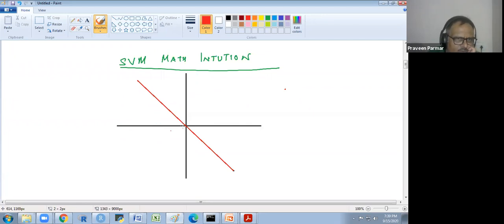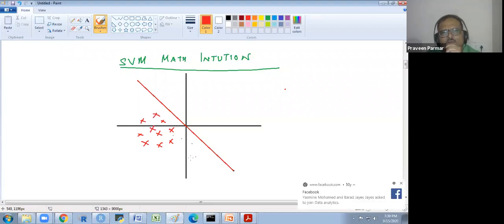Suppose I have points like this, this, this, this, and a few points like here. Now what will I do? You know the slope of this line.